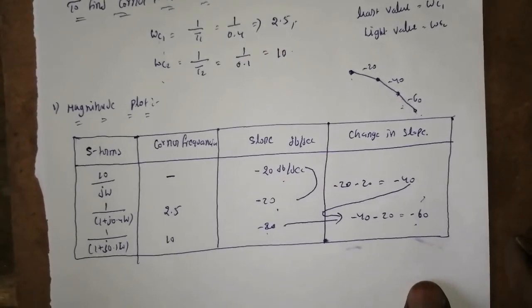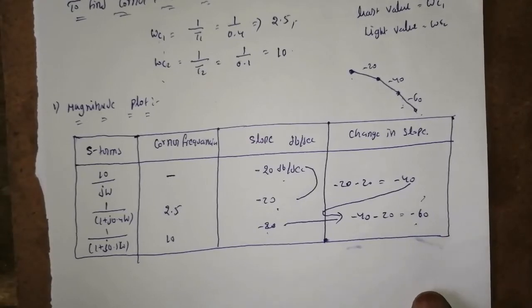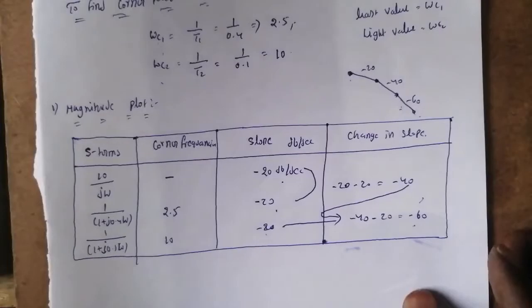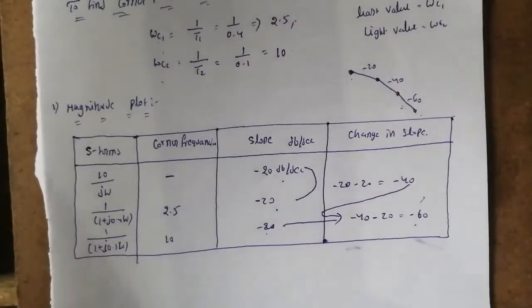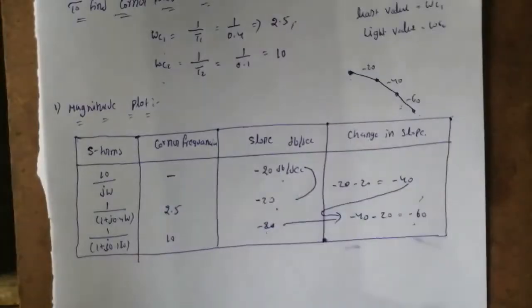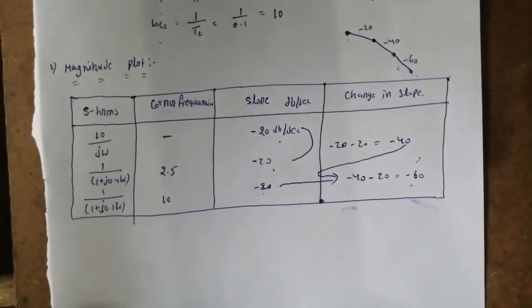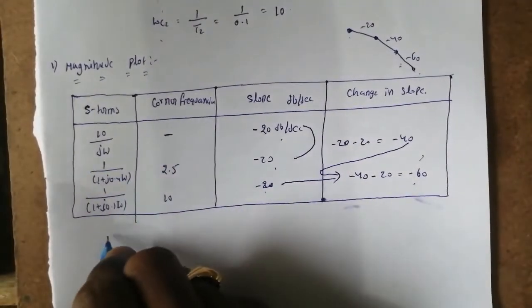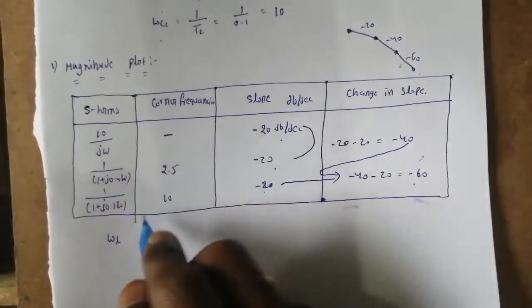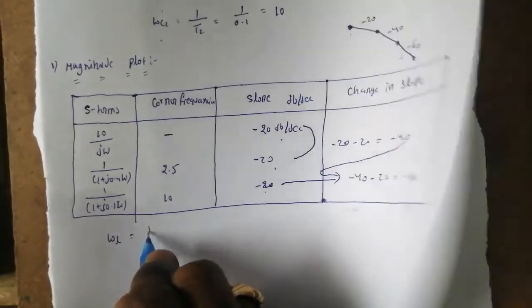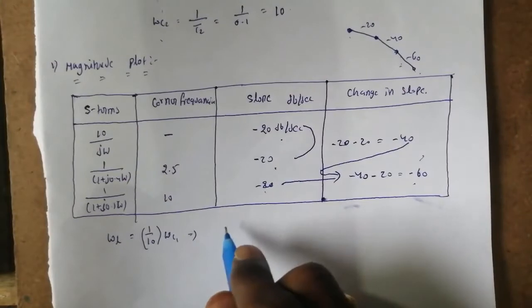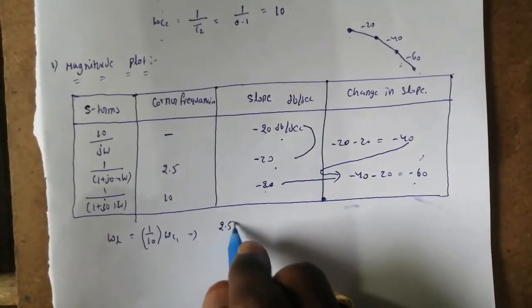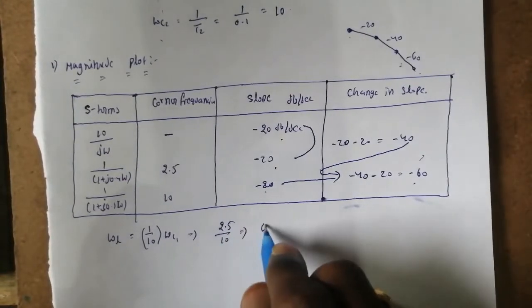So how we can find this: we have to choose a lower corner frequency and a higher corner frequency. The lower corner frequency is denoted by omega L, and it equals 1 by 10th part of omega c1. So 1 by 10th part of 2.5, that means 2.5 divided by 10, so 0.25.